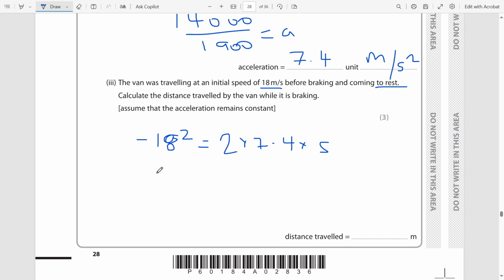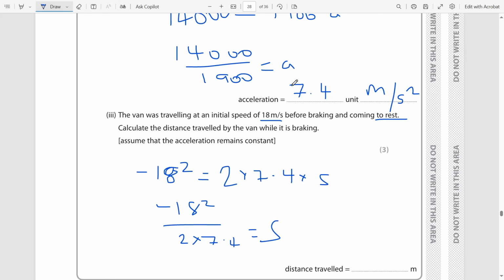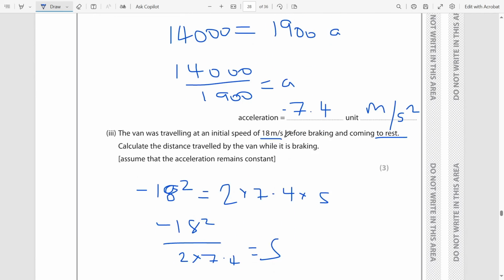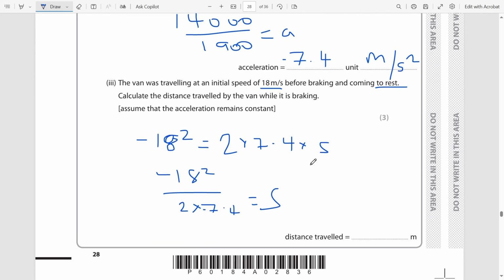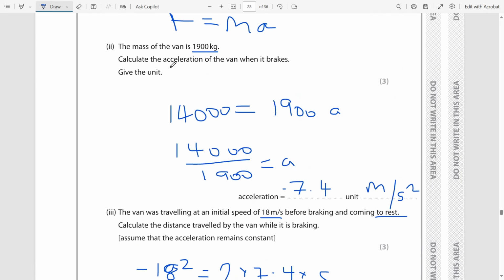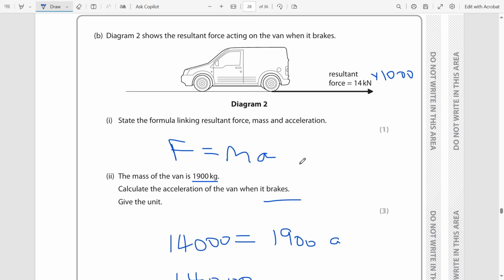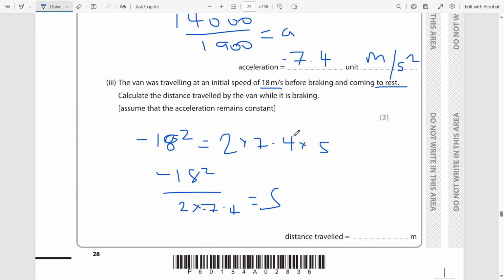So what we're going to do is negative 18 squared divided by 2a equals s. We should also put this as an acceleration, guys. Sorry, my mistake. Because it is braking, it is losing velocity, so therefore it must be minus.